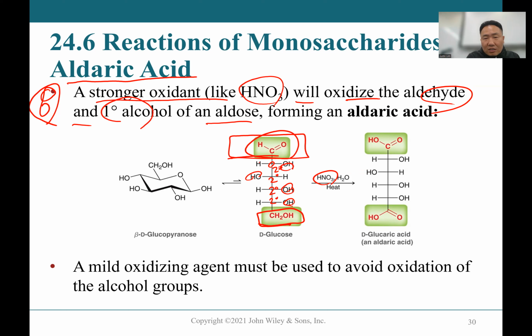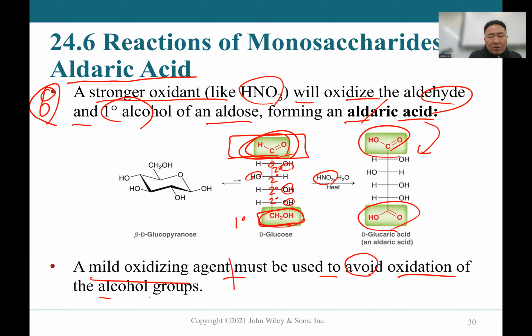But you can oxidize the aldehyde and primary alcohol to carboxylic acid. This is aldaric acid. A mild oxidizing agent must be used to avoid oxidation of the alcohol group. If you use a stronger oxidant, you can convert the aldehyde and primary alcohol to carboxylic acid.